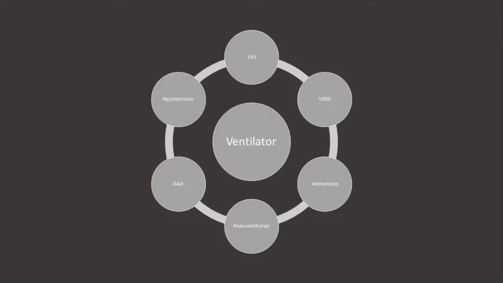Being immobile as a result of being on mechanical ventilation can lead to the development of ventilator-induced diaphragmatic dysfunction and also atelectasis if they're not being properly mobilized to get dependent regions of the lung mobilized and recruited. And then finally, inappropriately set ventilation strategies, especially in patients who have low compliance, are at higher risk for developing pneumothoraces.